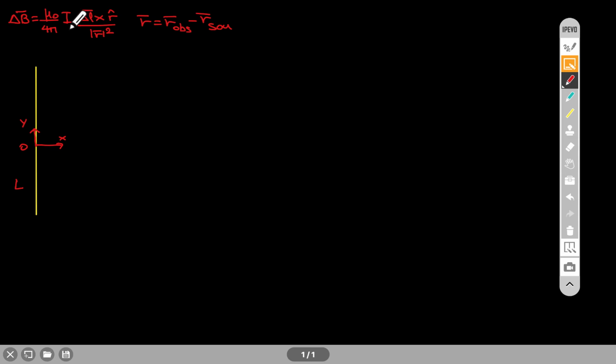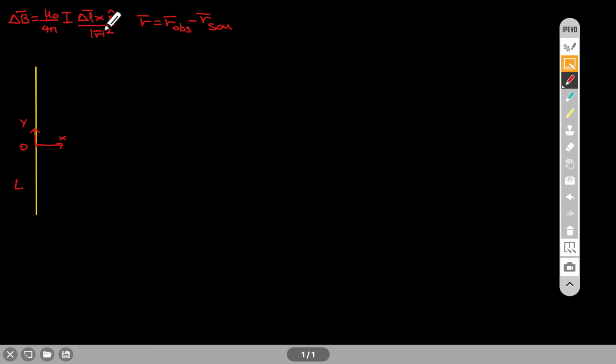So what I have here, I have written Biot-Savart's law for a short wire with a current, and the small magnetic field that short current carrying wire is making is equal to mu naught over 4 pi the conventional current times delta L, which depends on the direction of the conventional current and also on the length of the wire, cross product with r hat divided by the magnitude of r squared.